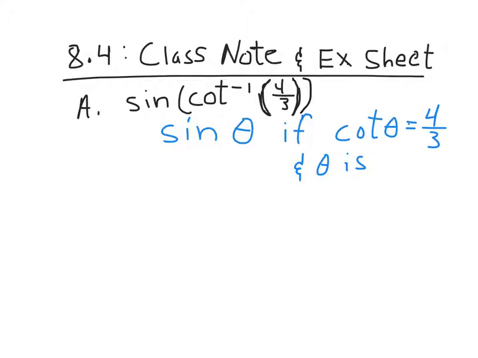We know theta must be in the first quadrant, right? Because any positive input for an inverse trig function must give us an output that is an angle in the first quadrant.